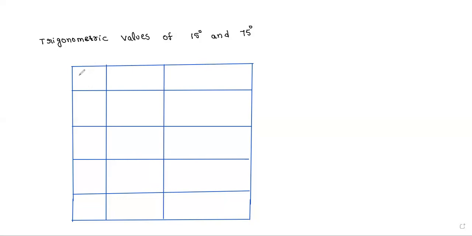Please observe the angle or ratio. No problem. 15 degree, 75 degree: that is the sine, cos, tan, cot.